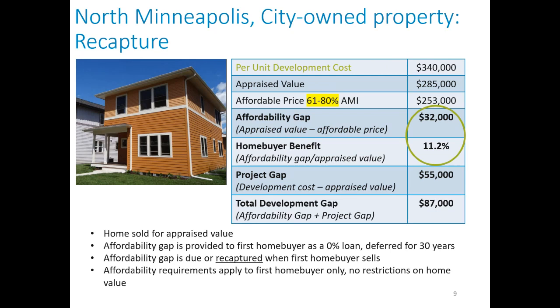So in this case, we're looking at an affordability gap of $32,000 versus the $87,000 in the last example that I was describing, but unfortunately I had the wrong slide shown. In this example, the home buyer is getting an 11% benefit. So like I mentioned, if this goes above 15%, that's where we're kicking into that perpetually affordable housing territory.